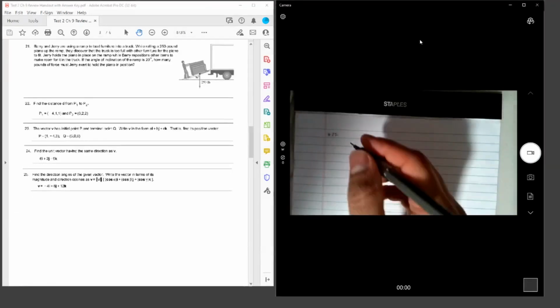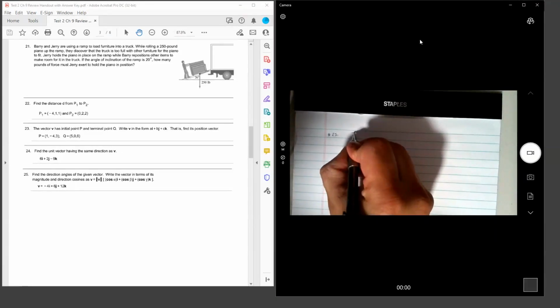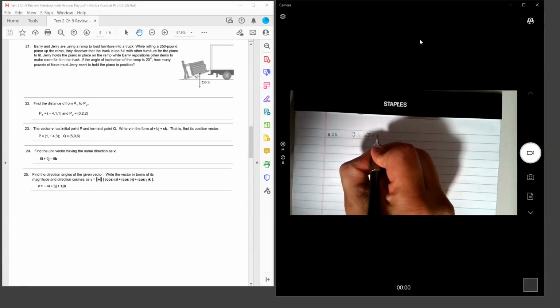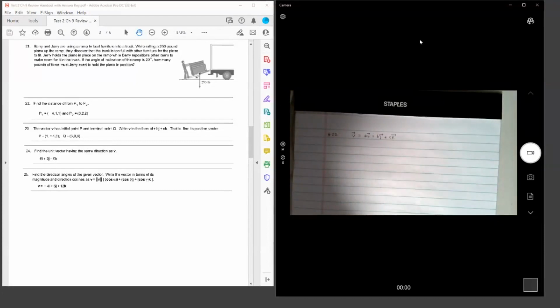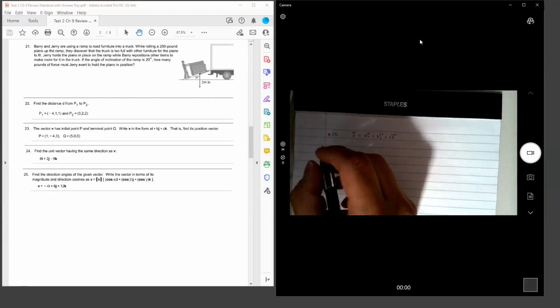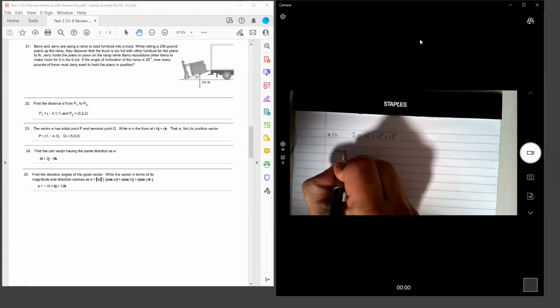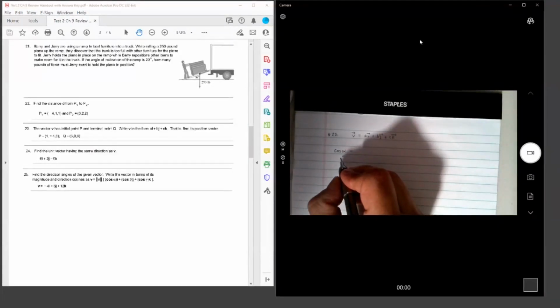if we have a vector in space, vector V as Ai plus Bj plus Ck, then we have what we call the direction cosines. The cosine of the angle alpha, which is the angle formed by the vector and the x-axis.